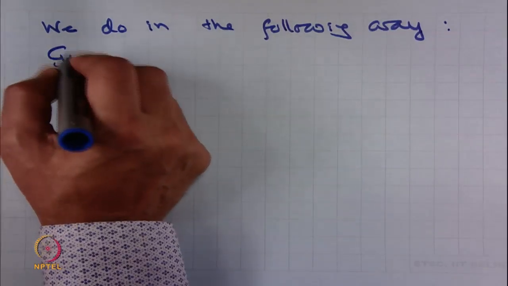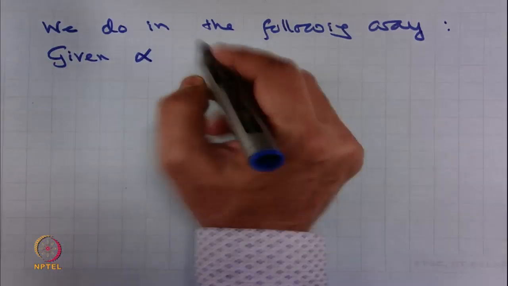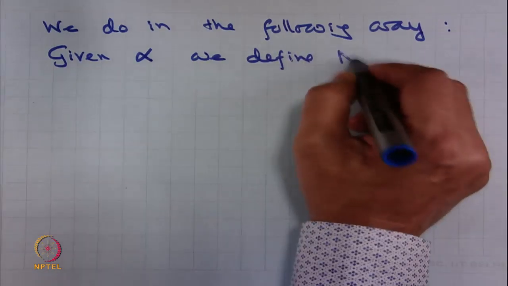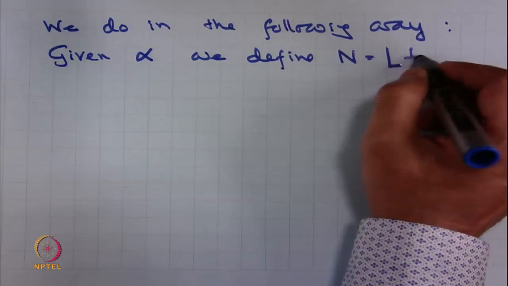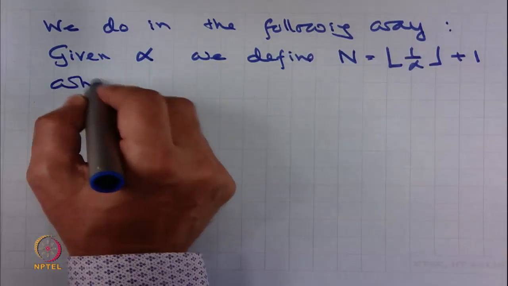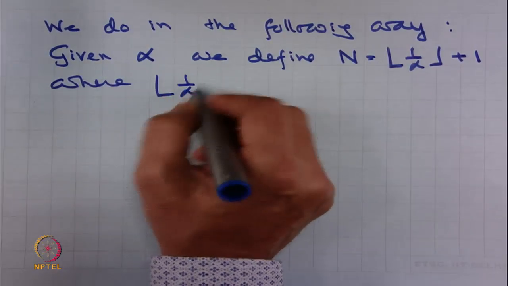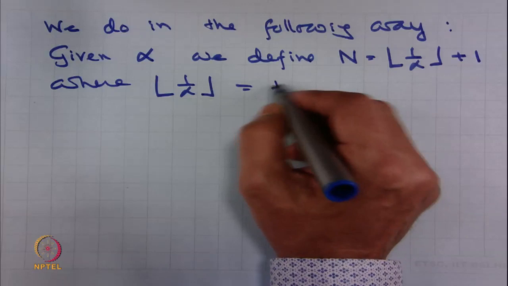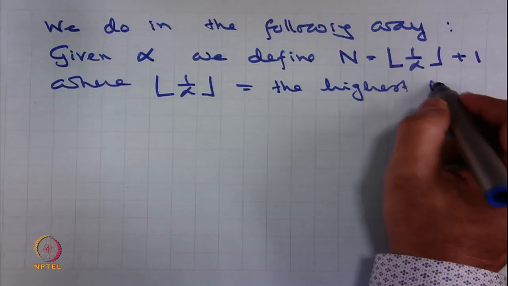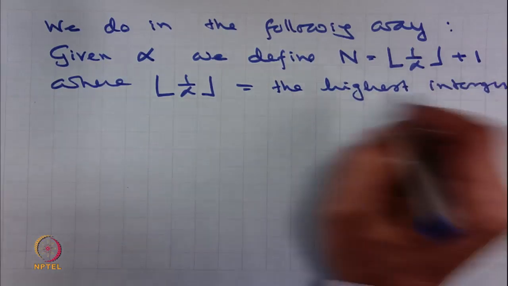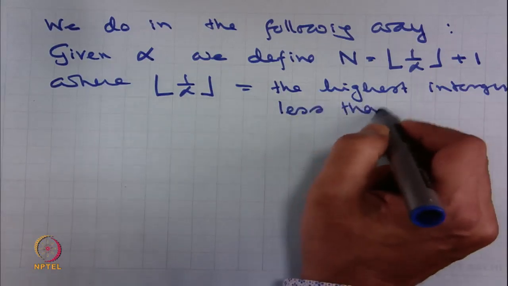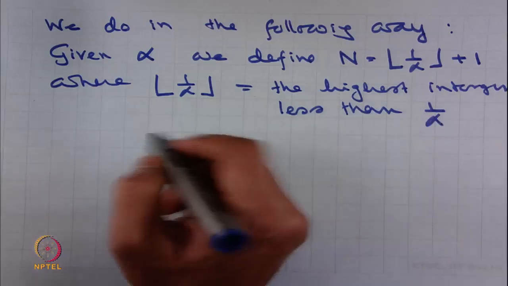Given alpha, we define capital N is equal to floor of 1 by alpha plus 1, where floor is equal to the highest integer that is less than 1 upon alpha.